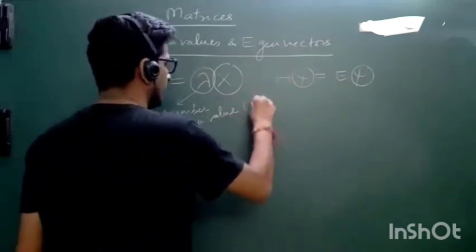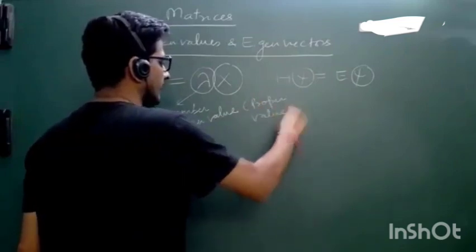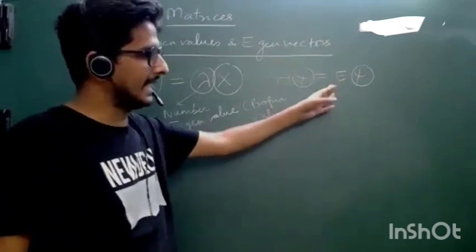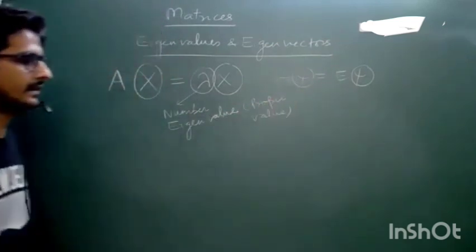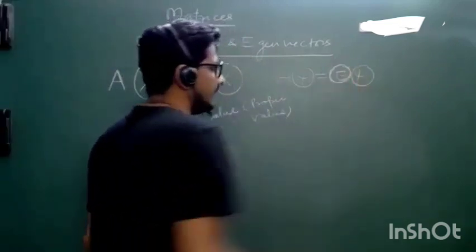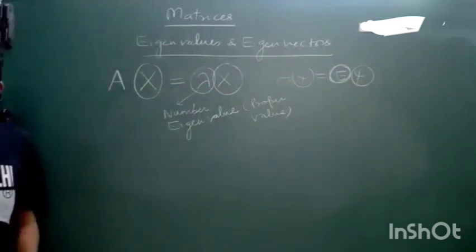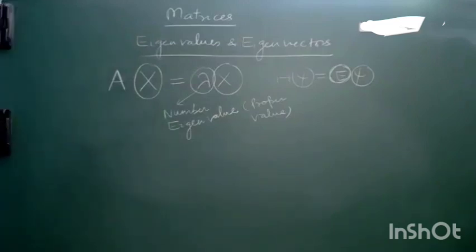Eigenvalue means proper value. So in this case, the value of E is energy eigenvalue, because this matrix is a Hamiltonian matrix which represents some energy. So this eigenvalue corresponding to that is known as energy eigenvalue, that you will read in quantum mechanics also. So now let me take a matrix. Let me give you an example how this is calculated.